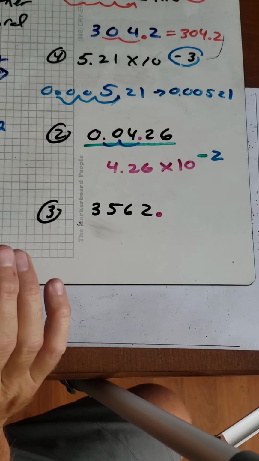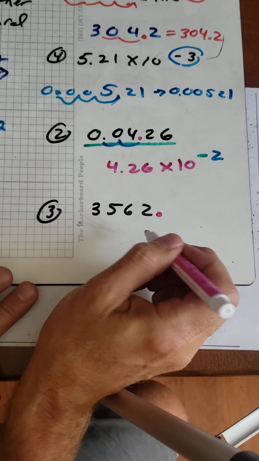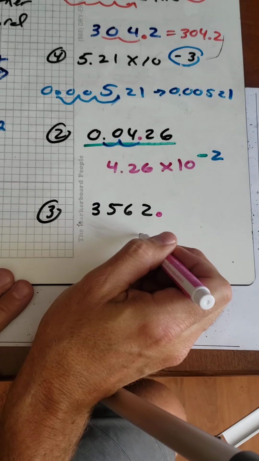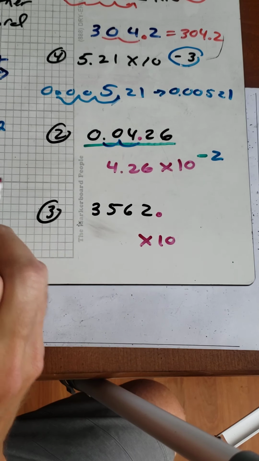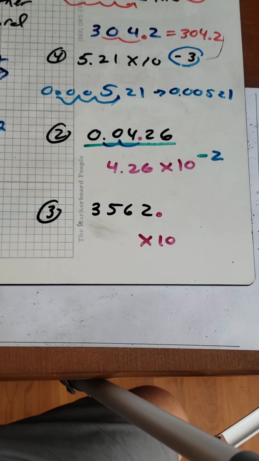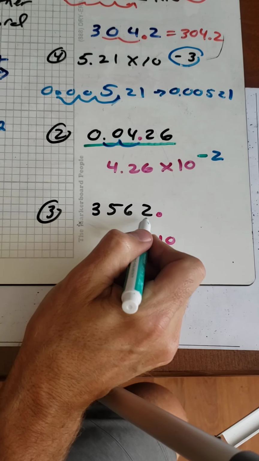So here's how I have my students draw these problems out a lot. So what I'm going to do is I'm going to do the easy stuff, the stuff I know. I know I'm going to have times 10 because scientific notation always has times 10. And then I'm going to have an exponent, and that exponent is either going to be positive or negative. And I can determine the exponent based on what this number is.